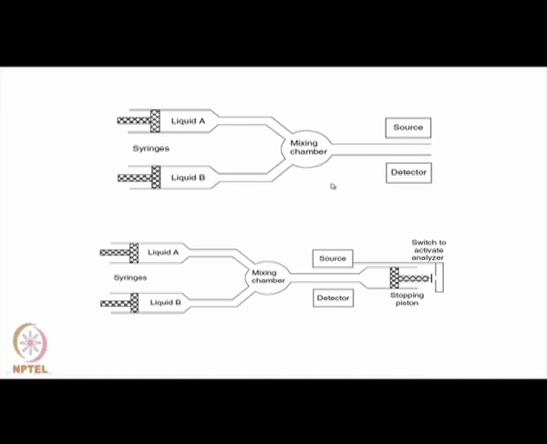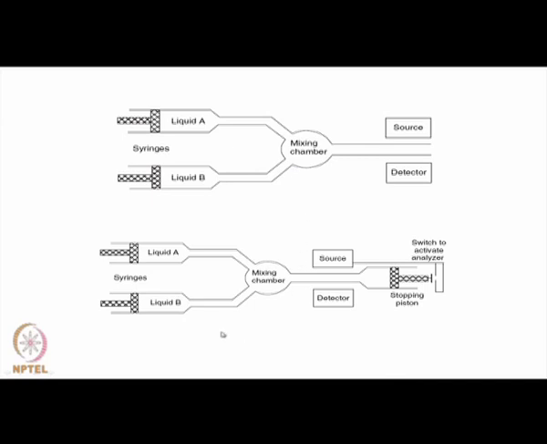So with this we can study fast or moderately fast reactions, not very fast reactions. It is not possible to follow the kinetics of those very fast reactions with this simple flow technique.